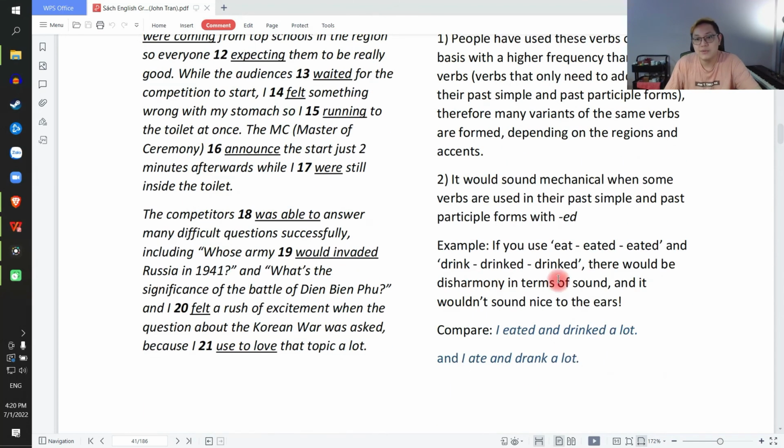For example, if you use eat it, and drinked, there would be disharmony in terms of sound, and it wouldn't sound nice to the ears. Just listen. Just try to figure out if that does it sound nice. If it doesn't sound nice, then something's wrong.